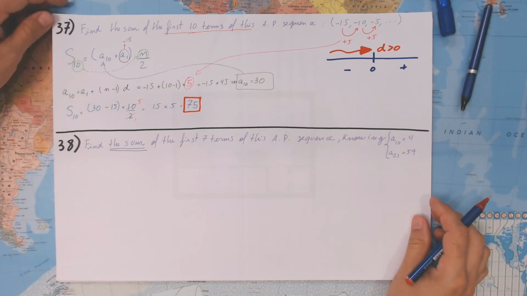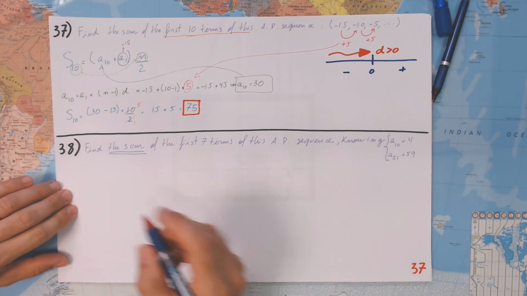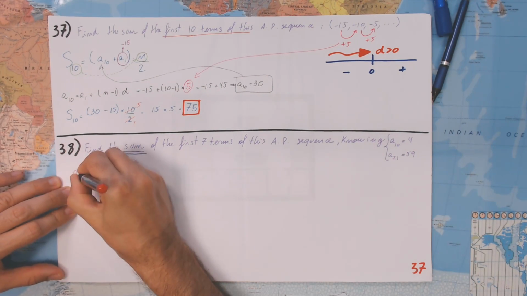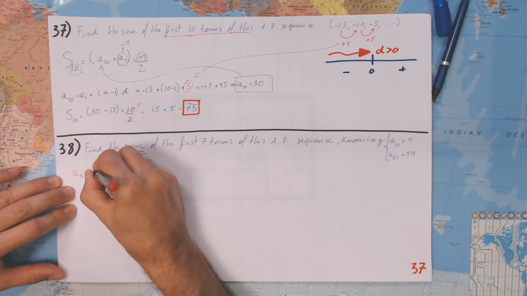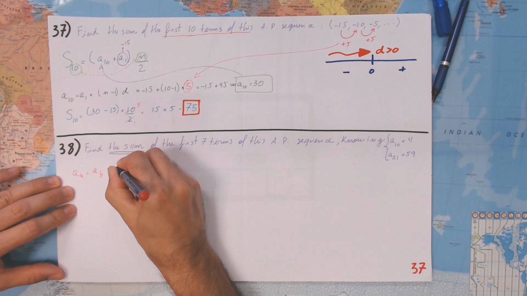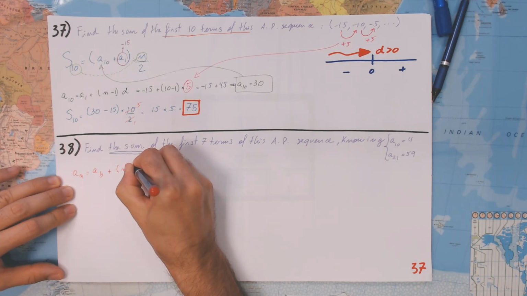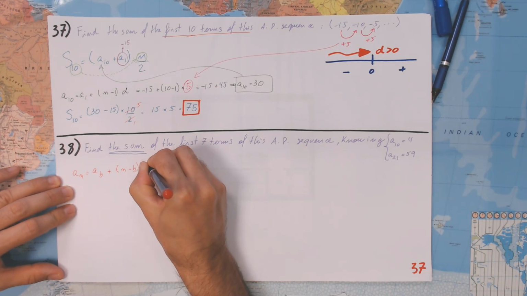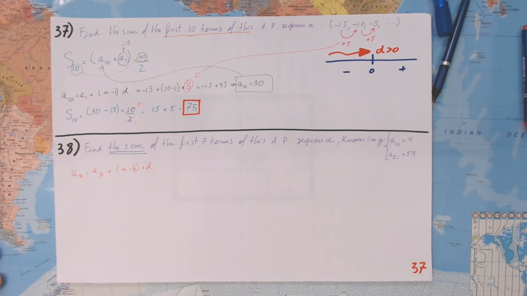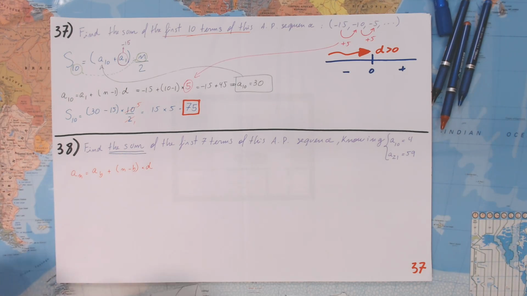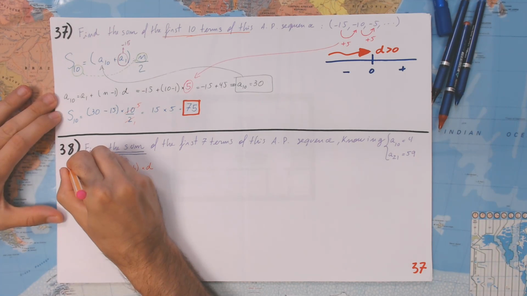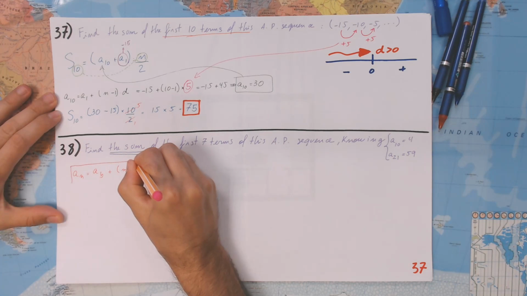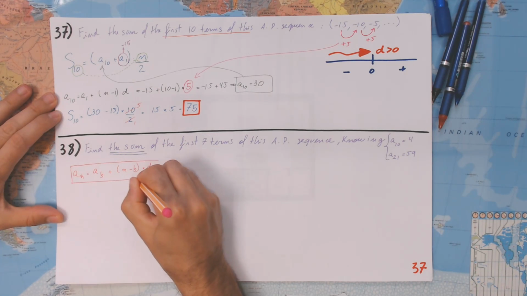Remember, I always write the formulas because it's always good to remember them. A sub n is A sub b plus n minus b times d. If you're new to our channel, usually this is not the formula they give to you.